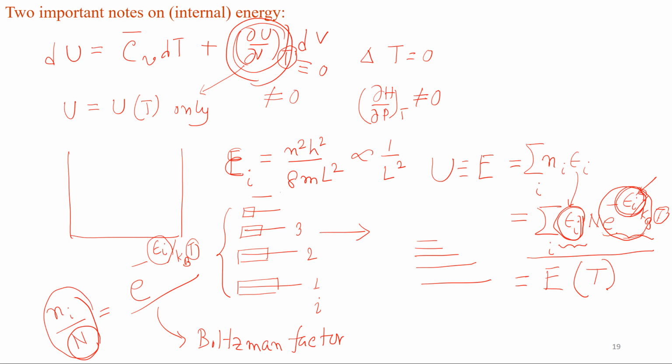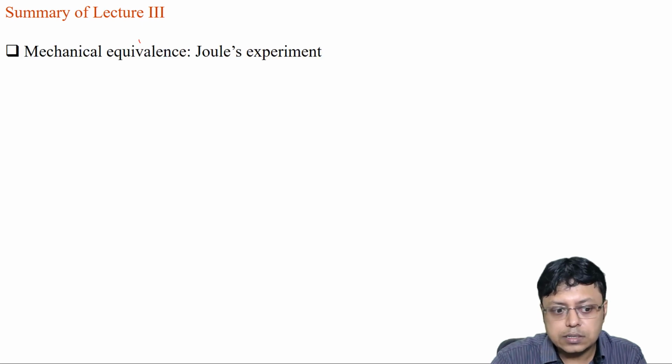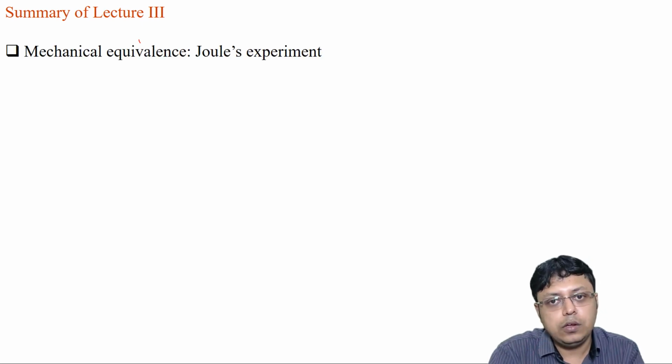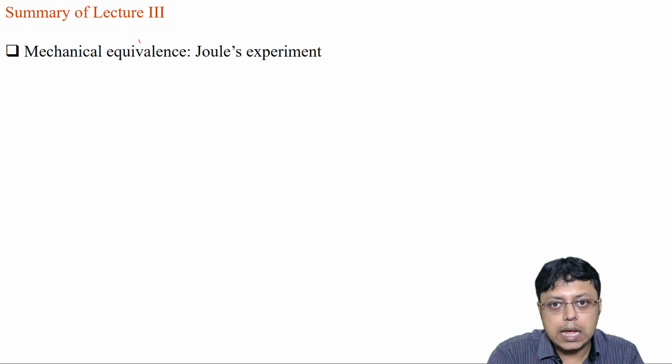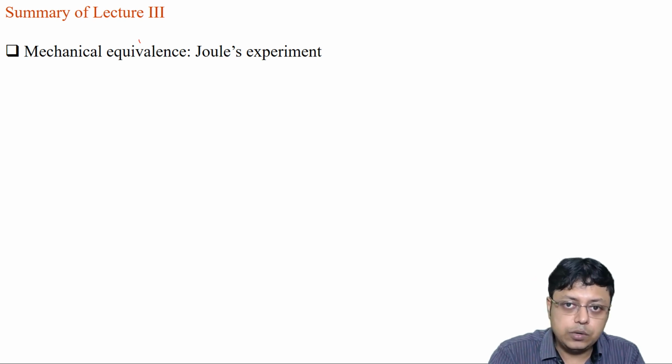So let us summarize what we discussed in this section. We first started with the mechanical equivalence of work and heat, where we showed that if we want to raise the temperature of the system, it is not necessary that we have to supply heat. We can also do some work in the surrounding, and the work can be destroyed to produce heat.